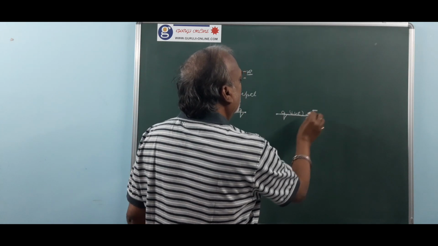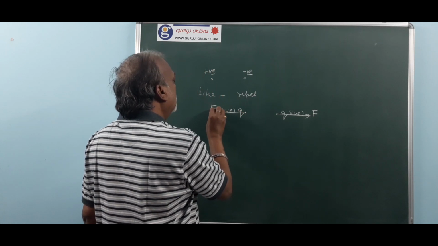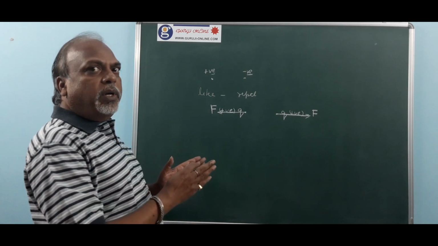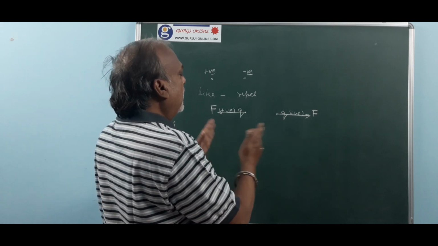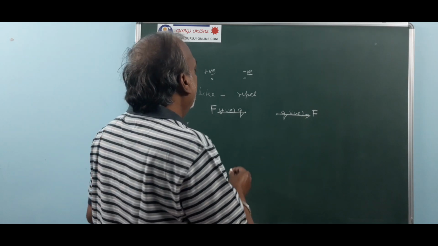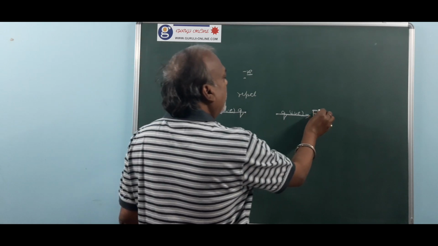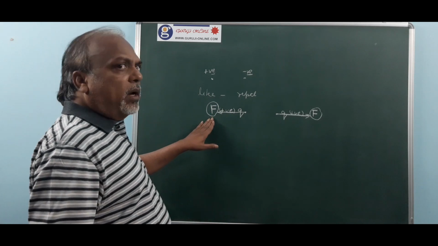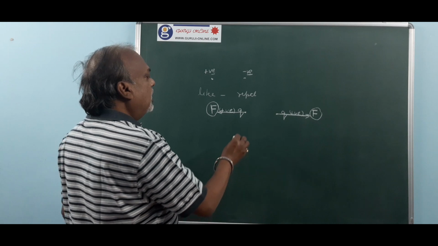Repel means there will be a force between them which will try to make them more apart. So, what is this force? Determining the quantity of this force is all about Coulomb's law.